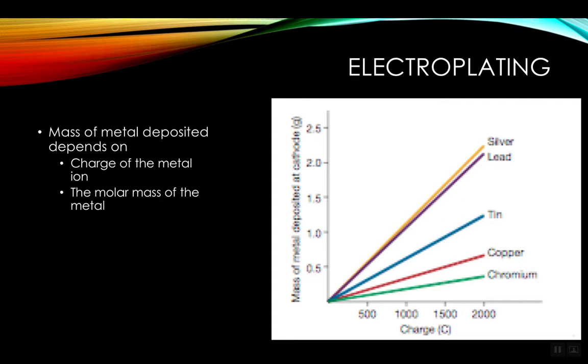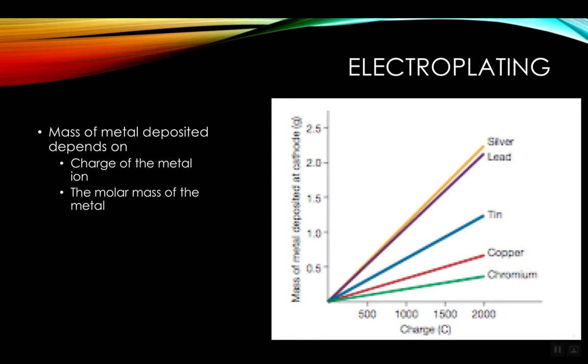Okay? That's because whilst the molar mass of silver is 107.9, the molar mass of lead is 207.2, so it's almost twice as much. Okay, so 1 Faraday, which remember is 1 mole of electrons, which is a charge of 96,500, will give you 1 mole of silver and a mass of 107.9, but it would give you only half a mole of lead.